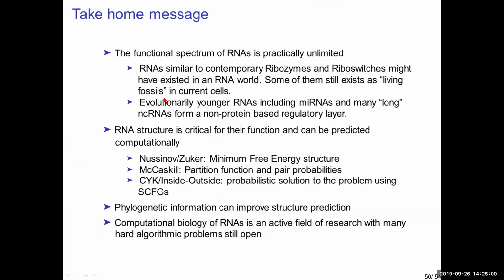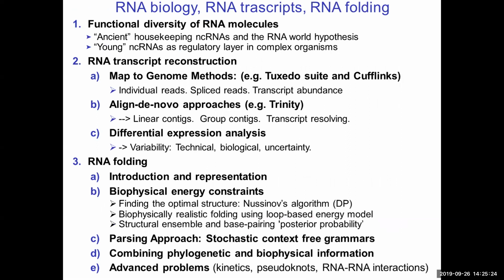So the take-home message is that there's a huge functional spectrum of these RNAs, which is practically unlimited, and that RNA structure is critical for these functions and can be predicted computationally, and there are many different ways of doing that. And phylogenetic information can help improve the structure prediction, and this whole field is hugely active. There are still different classes of RNA functions and different classes of RNA molecules being discovered.